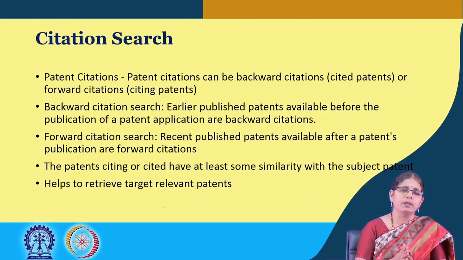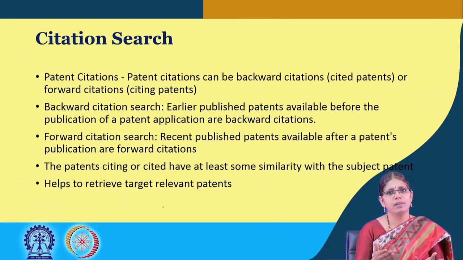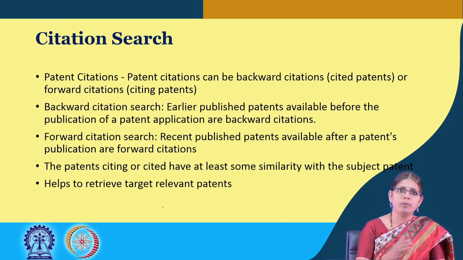In the academic area, one of the simplest patent valuation tools is actually a citation search. The simplest way in which you can value patents is by looking at the citation value of a particular patent, for which searchers undertake the backward citation search and the forward citation search. Now, let us look at what these two are.